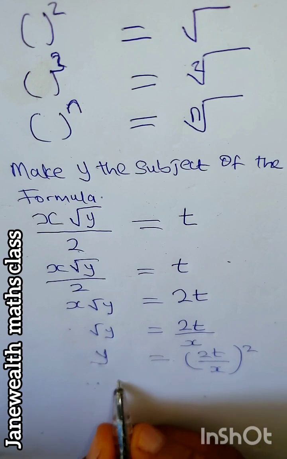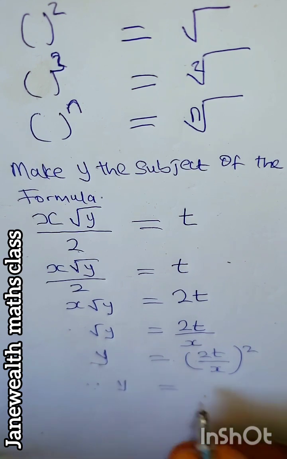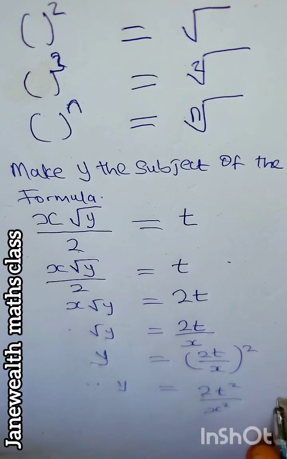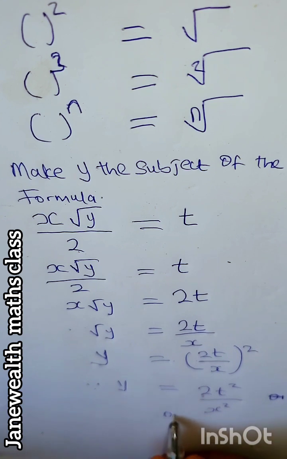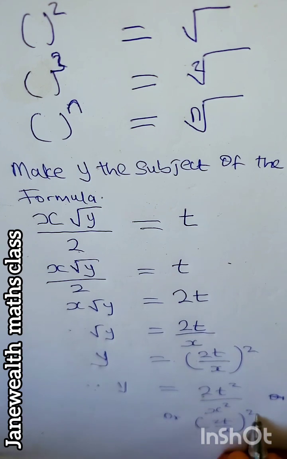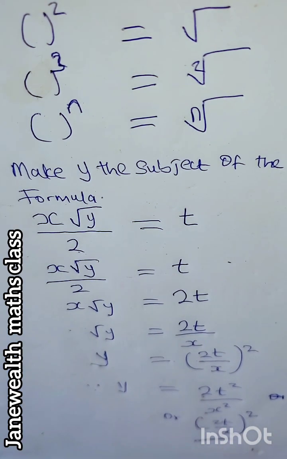Therefore, the subject of the formula y equals 2t squared over x squared, or 2t over x, all in square. Answer. Very simple. Have a nice day. Bye-bye.